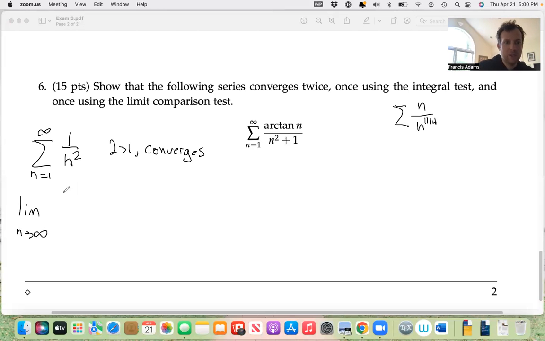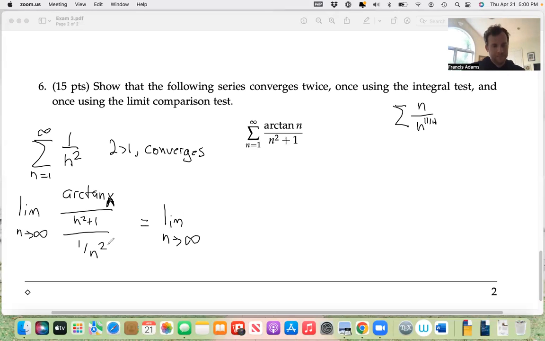If we take the limit of arctangent n over n squared plus 1, divided by 1 over n squared, then flip and multiply, so we get n squared times arctangent of n over n squared plus 1.